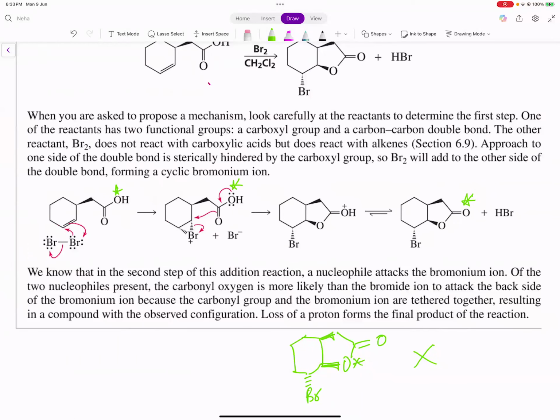See, this is a good question. This is called halolactonization, because ultimately we have formed a cyclic ester, which is called a lactone. A cyclic ester is called a lactone; a cyclic amide is called a lactam. Since halogen is also being added, this reaction is called halolactonization.